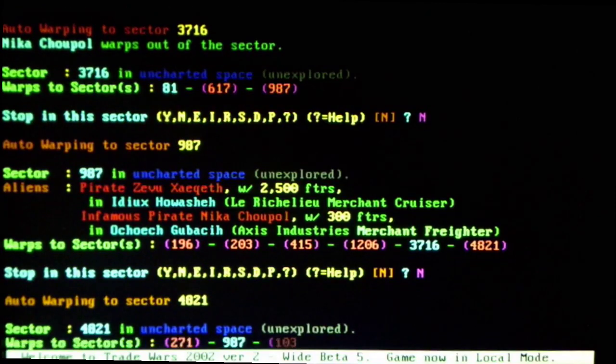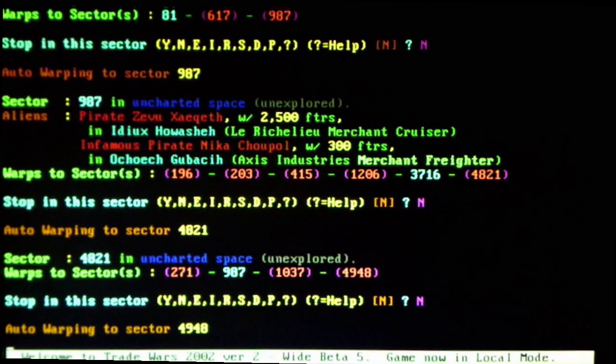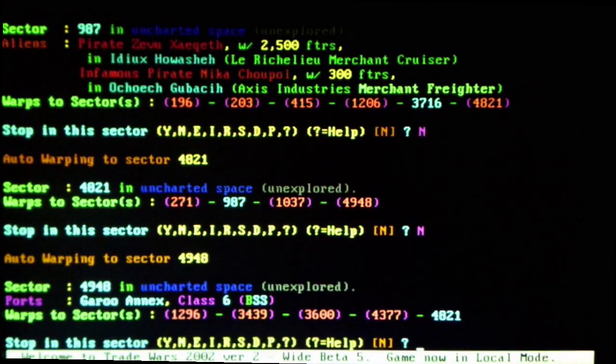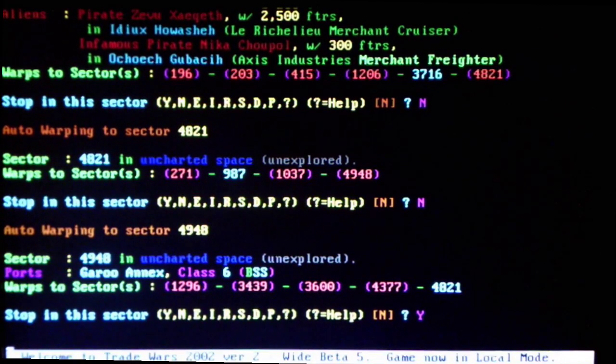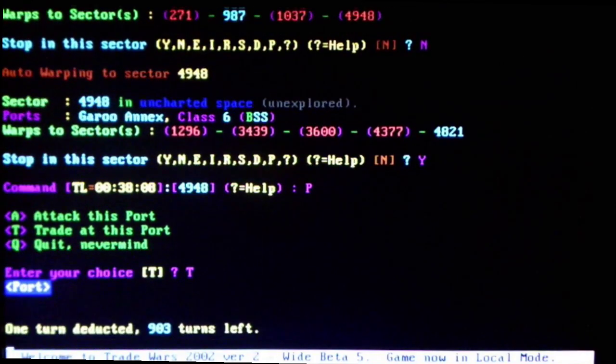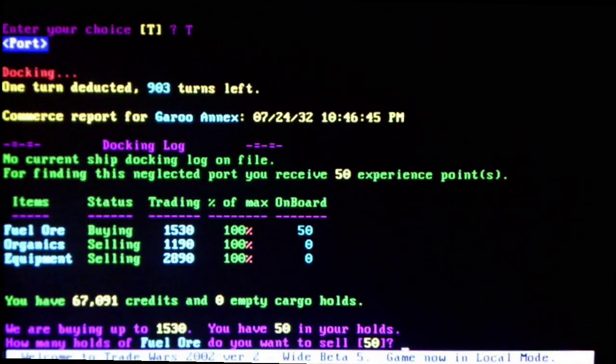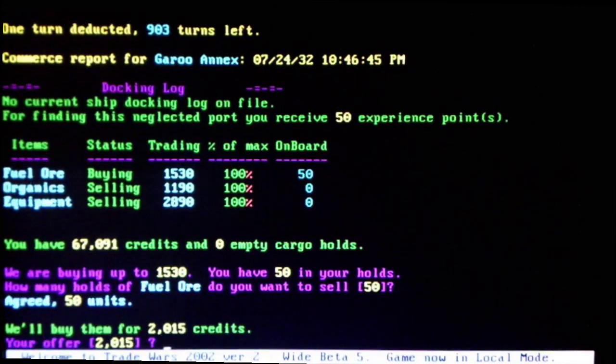That's a good one to get away from, because those guys can attack you. And we only have 400 shields. So we're going to sell some fuel.